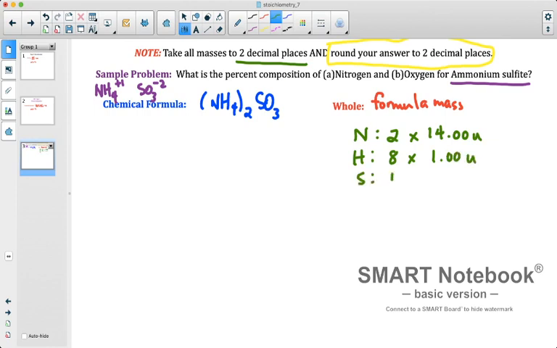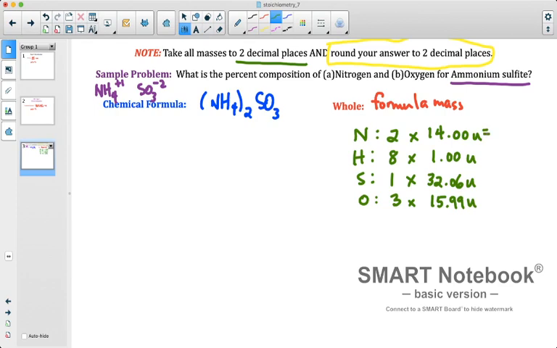Sulfur, I have 1 of those as well. When I check the periodic table, the mass of sulfur to 2 decimal places is 32.06 atomic mass unit. And then finally oxygen, I have 3 of those according to my formula, and I'm going to multiply that by 15.99 atomic mass unit.